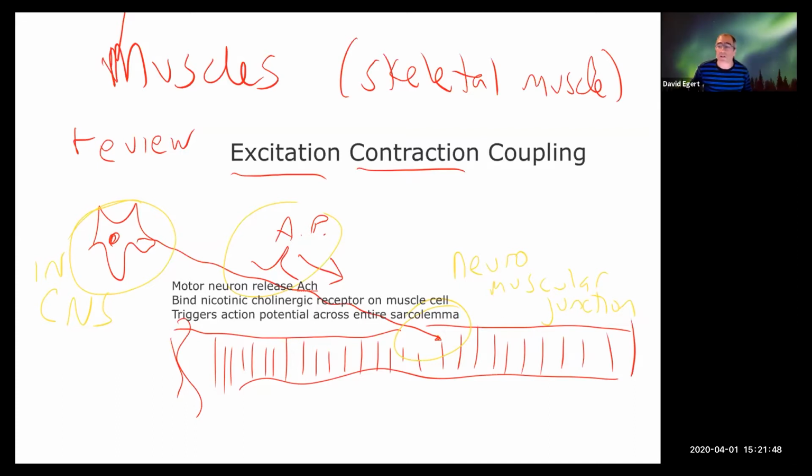You can actually measure these voltage changes on the skin. It's called an electromyogram, EMG. If you put electrodes on your skin and you start moving around, you can see voltages going up and down, because every time you activate and contract the muscle, there's a big voltage change across the surface of the muscle cell. It's used clinically and in research.